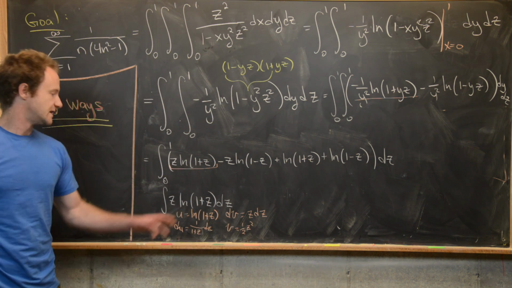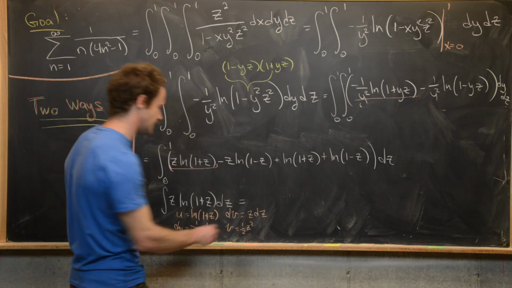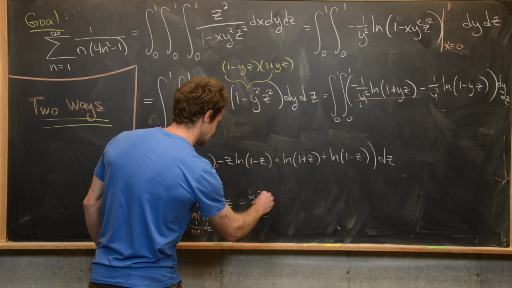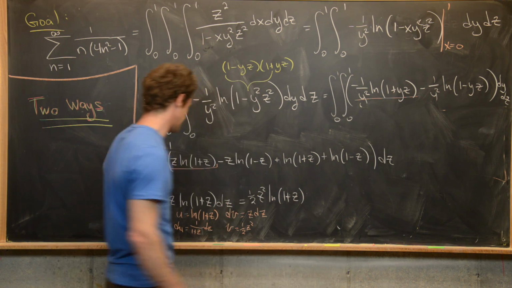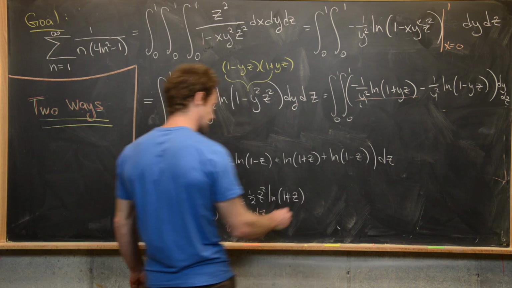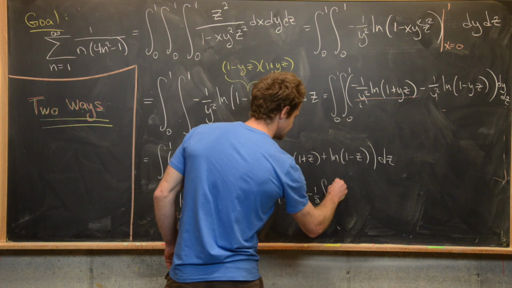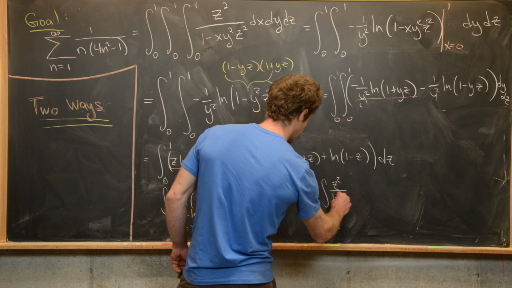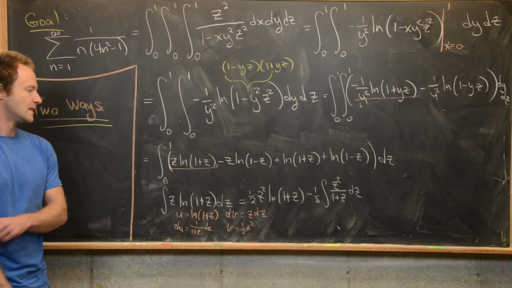Great. Now we can use our standard integration by parts formula to write that as u times v. So we've got half z squared times natural log of 1 plus z minus integral v du. So that's going to be minus, I'll bring this half out front, and then the integral of z squared over 1 plus z dz. Great.